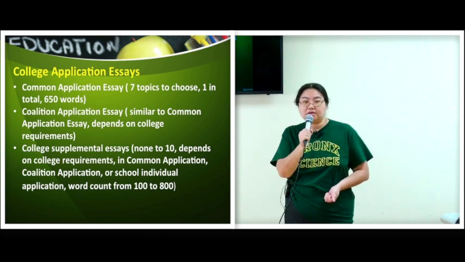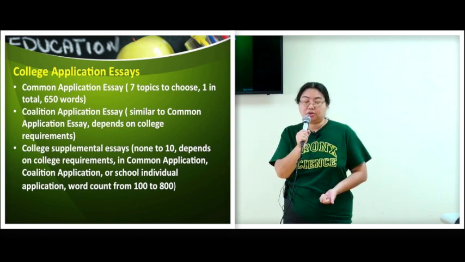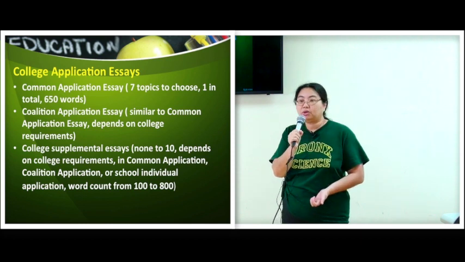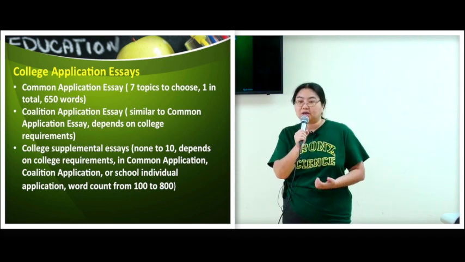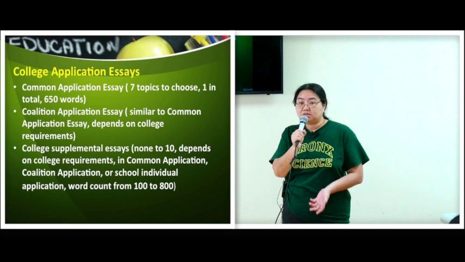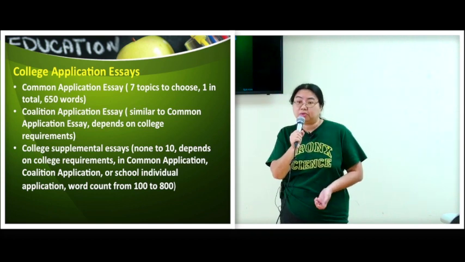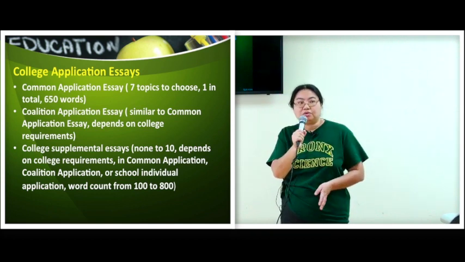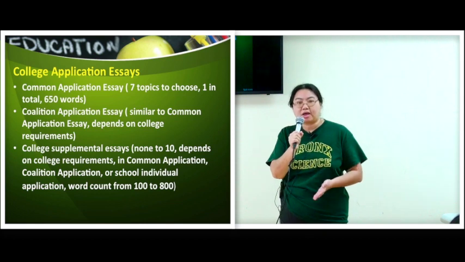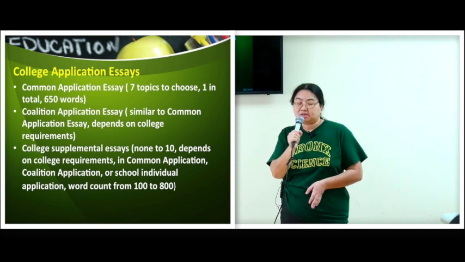On top of that, you have lots of extracurriculars. You're probably holding a leadership position in your club or team. There will be lots of responsibilities for you to fulfill. So don't expect that you have plenty of time to write essays in the first semester of senior year.